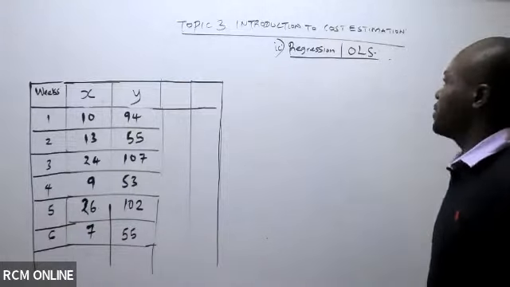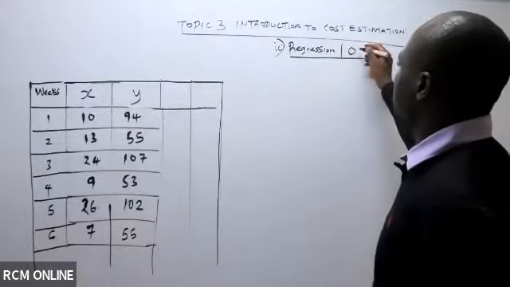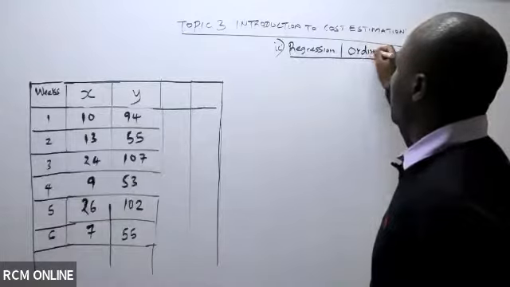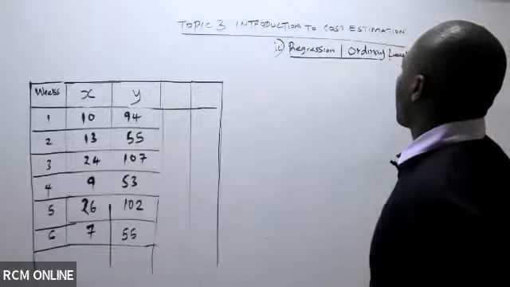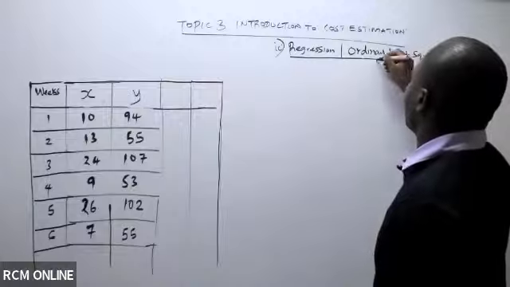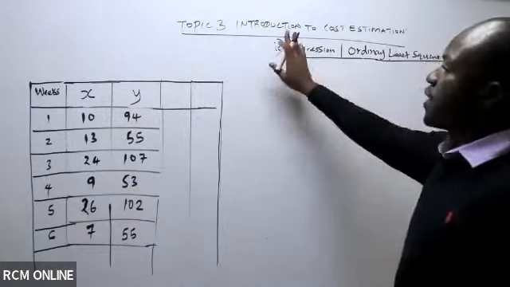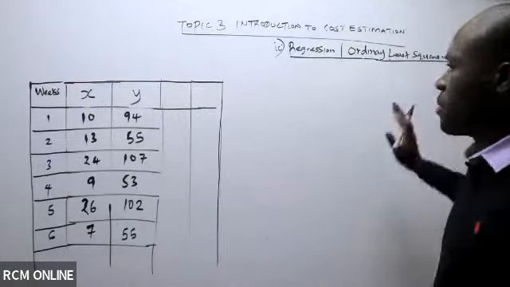So OLS means ordinary least square method. In some books, they call it simple regression, ordinary least square method. Good.